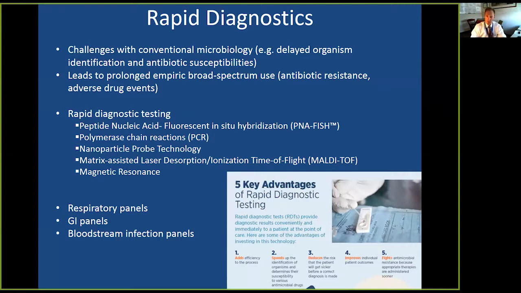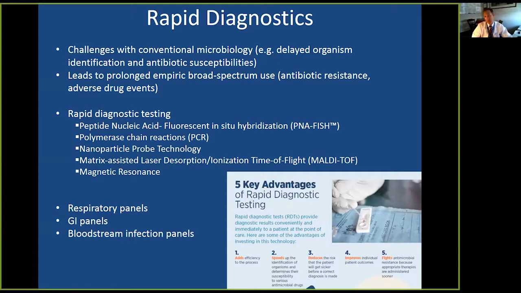The reason we do this is that, especially in areas that don't have access to real microbiology labs, people get put on broad spectrum antibiotics. They think they want to continue that until the micro lab results are back, which may be 3 or 4 days. If we could move up that result quicker, then we would be able to narrow our antibiotics and narrow our focus a bit more.